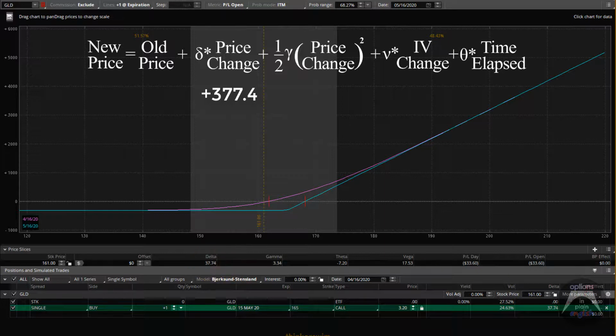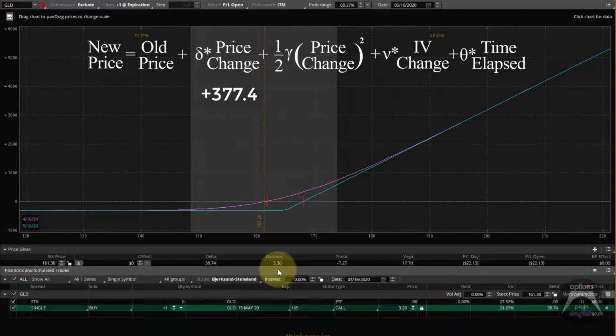Now we're going to be looking at gamma, which is trading at 336. This is how much gamma we have in our position. Remember that the contribution of gamma is 1/2 of the price change squared multiplied by gamma.